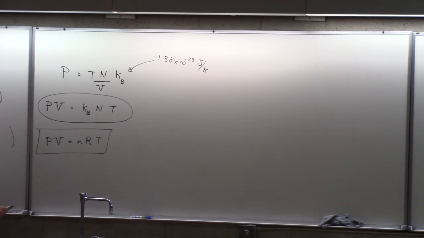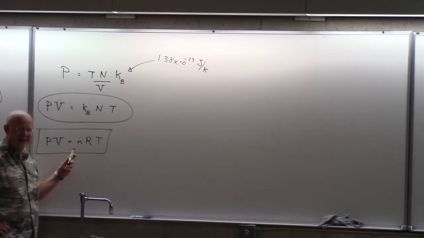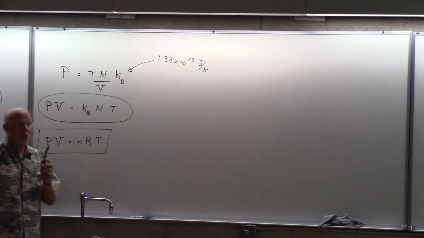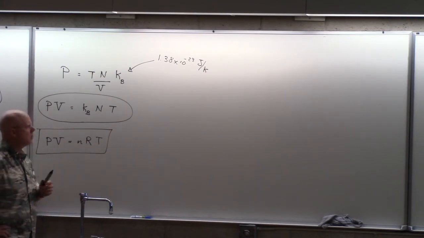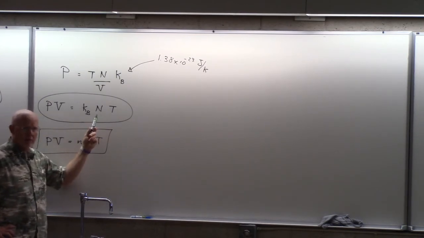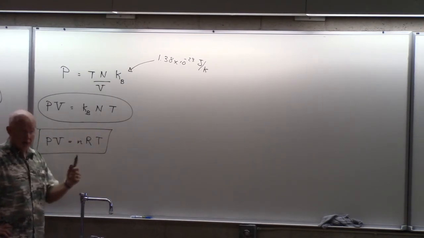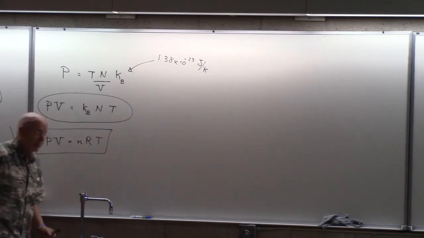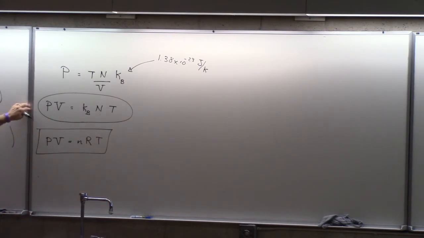For those of you who've done this before, could you tell me what little n means? Number of moles. Ooh. Wait. What's capital N? Number of atoms. So from a physics point of view, we really like it in this form.